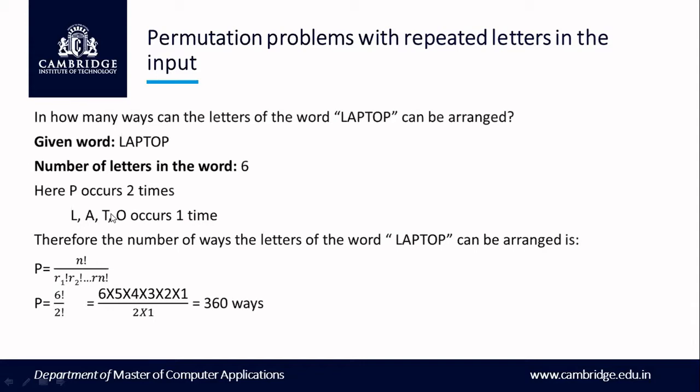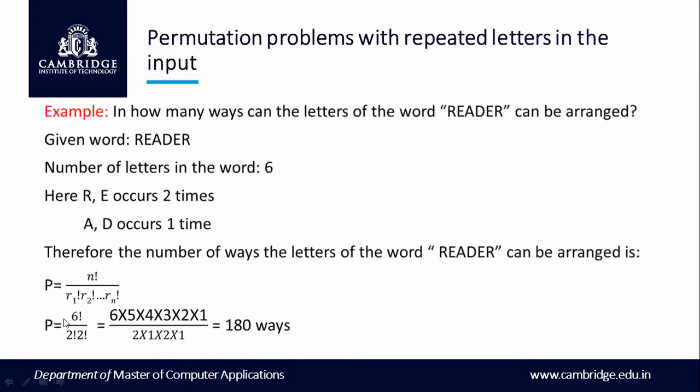Here we have only one alphabet repeated 2 times. So 2 factorial. Substitute 6 factorial values, 6 into 5 into 4 into 3 into 2 into 1 divided by 2, which is nothing but 360 ways. In this input, only one alphabet is repeating, that is P, and that too the occurrence is only 2 times. So we have the denominator as 2 factorial.